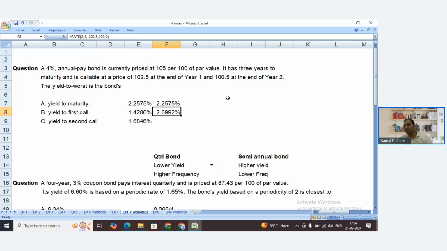Then the rate should be, this tenor should be, but you guys told me 1.4286%. PV is minus 105 and FV is 102.5.